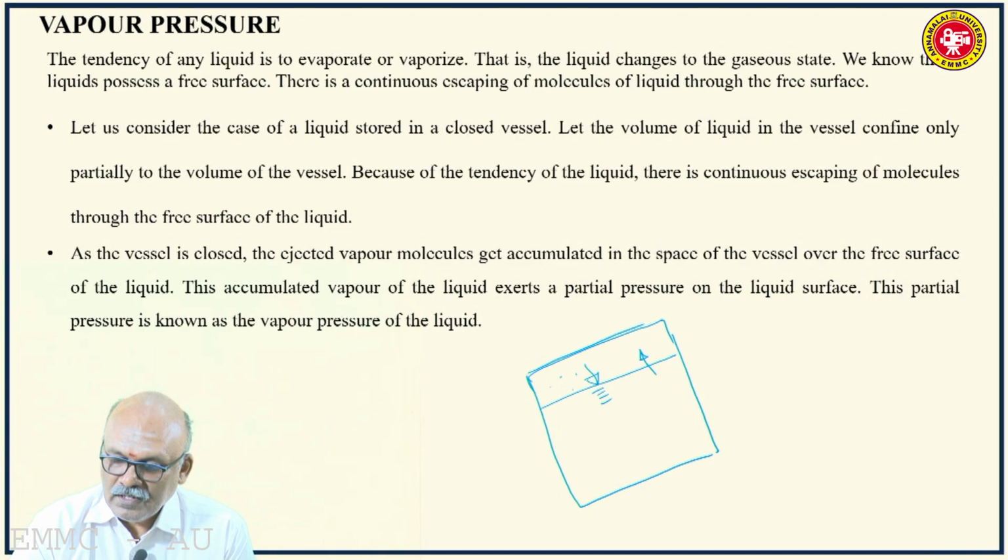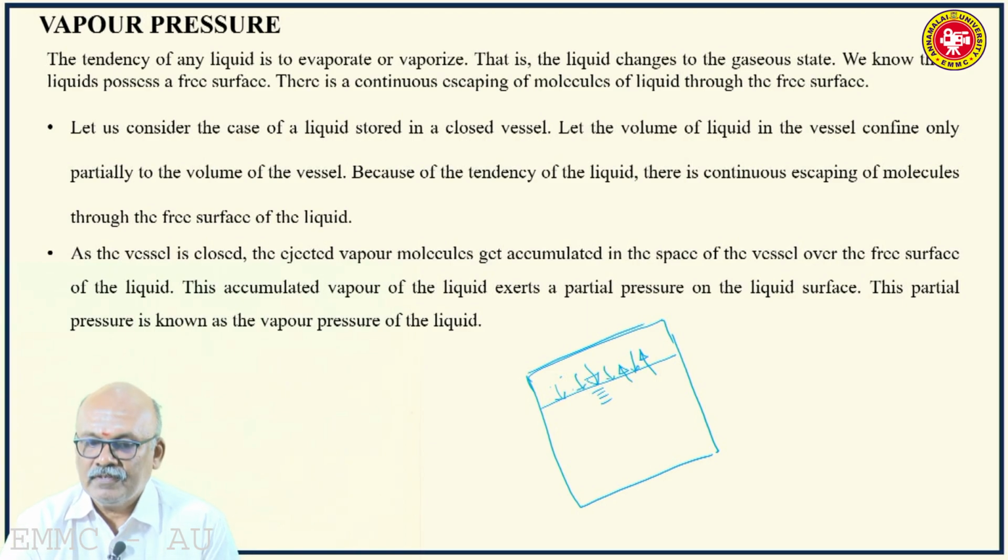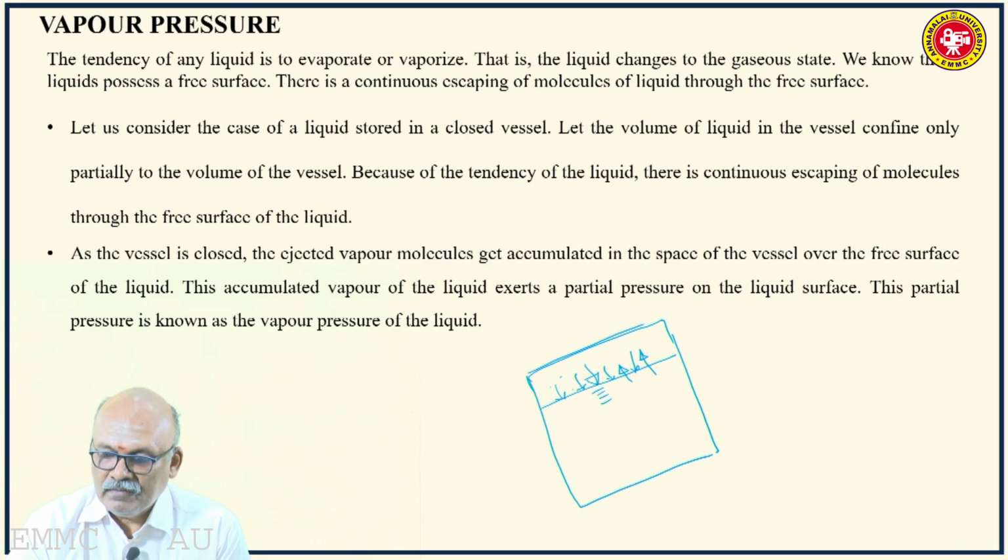Because of mobility, the molecules which come to the free surface have the freedom to escape to the overlying free space, and these vapor molecules will exert a pressure on the free surface. The pressure exerted by the accumulated liquid vapor on the free surface is called partial pressure.